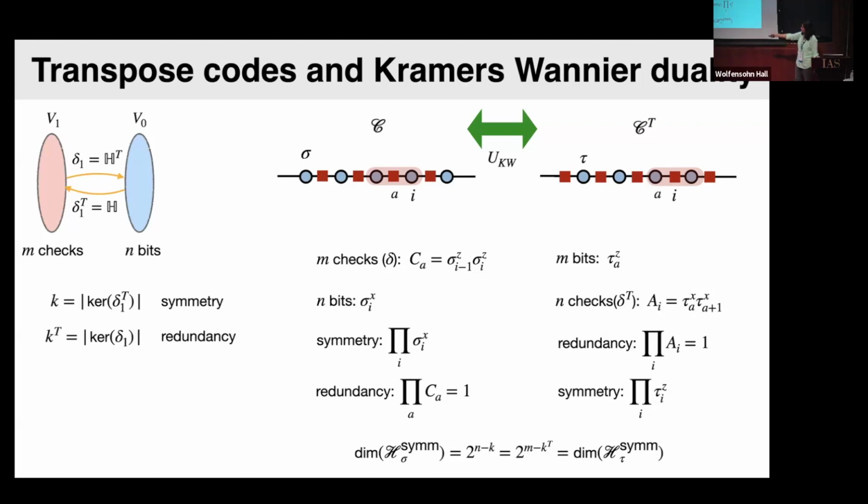So you can do a unitary transformation between these subspaces. The upshot is that the transpose map naturally tells you how to do Kramers-Wannier dualities, which gives you a new model, the transpose model, in terms of the excitations of the original one, but with the caveat that all symmetries on both sides have to be enforced.